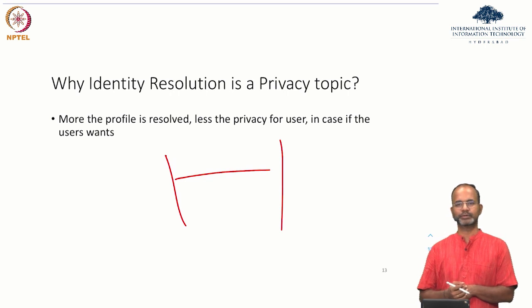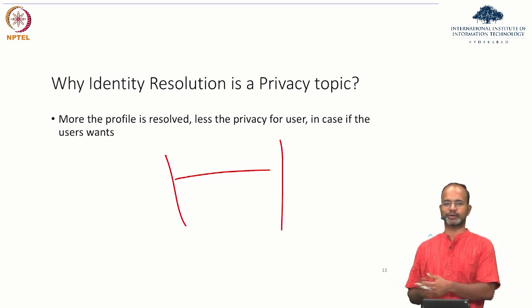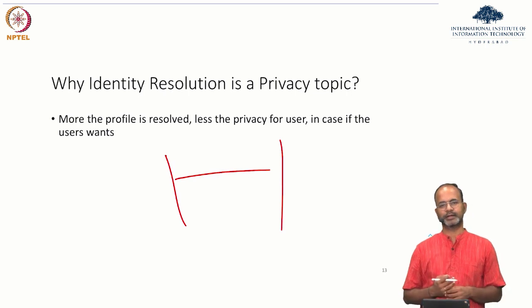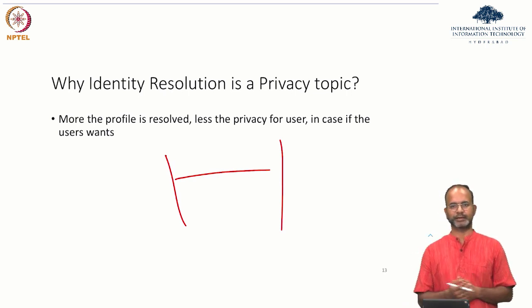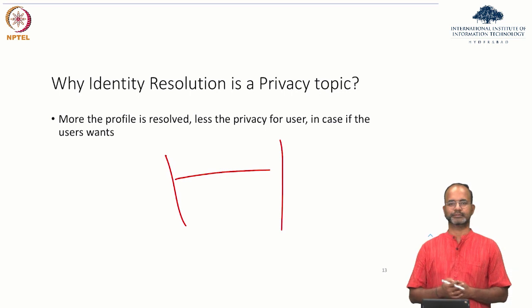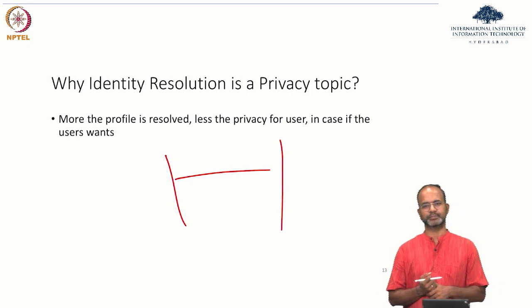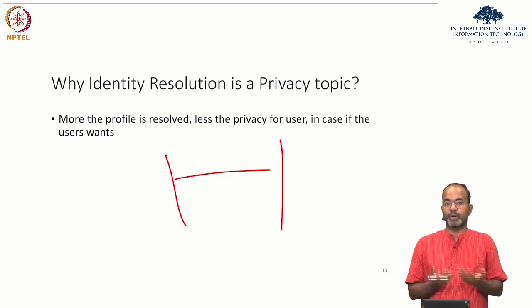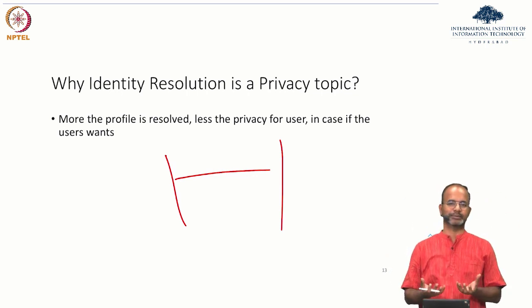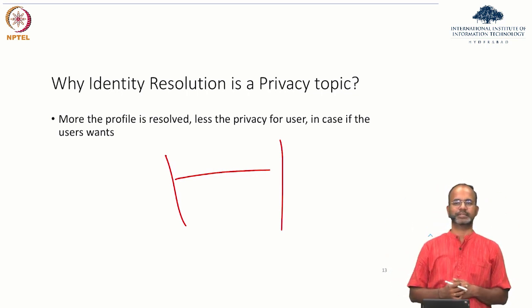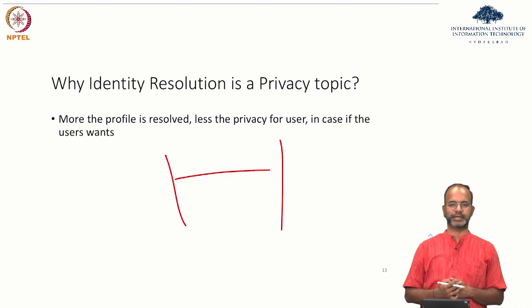The more I want anonymity, if my accounts are getting resolved, then my privacy is getting lost. That's the relationship for why identity resolution is a privacy question. I don't want my identity to be resolved, and using the information that is available, technologies, platforms, and companies can actually resolve it.